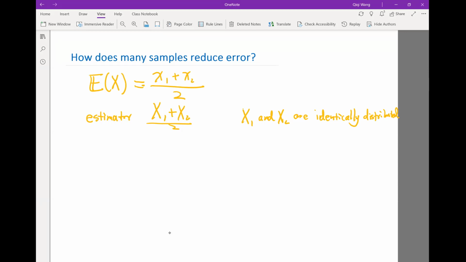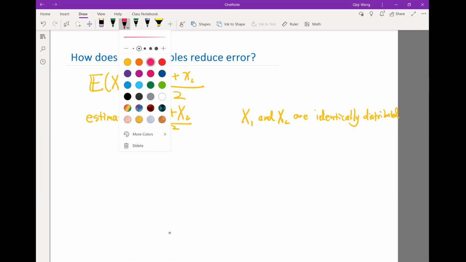Another way to say that is, if I already performed a sample of x1, but without performing a sample of x2, my knowledge of what x2 can be would not change if you tell me something about x1. That statement is called independence. So x1 and x2 are not just identically distributed, but independent.